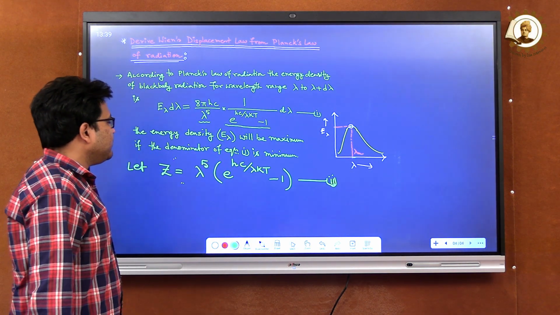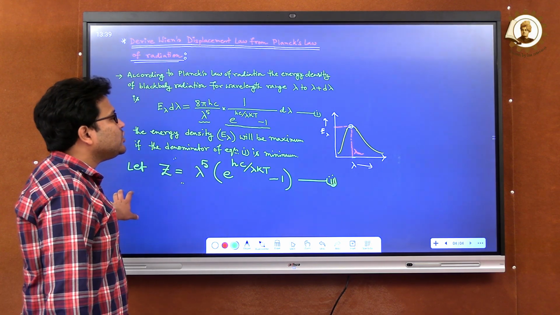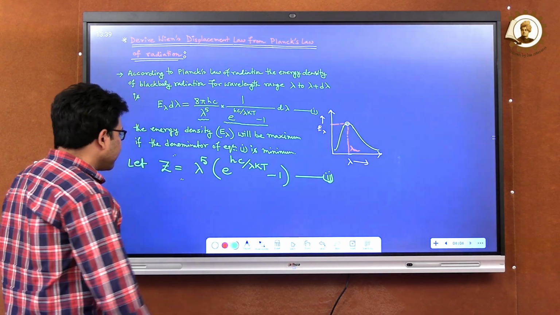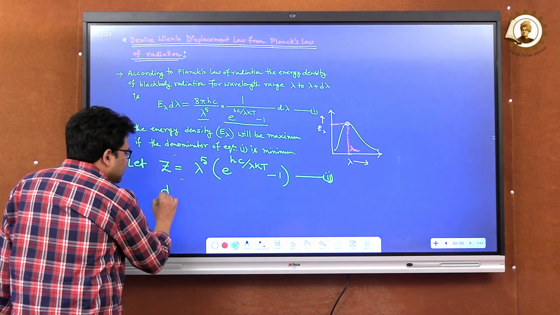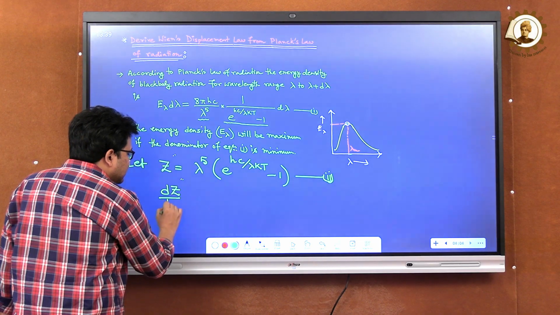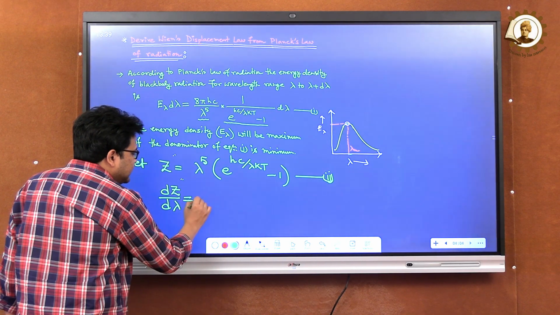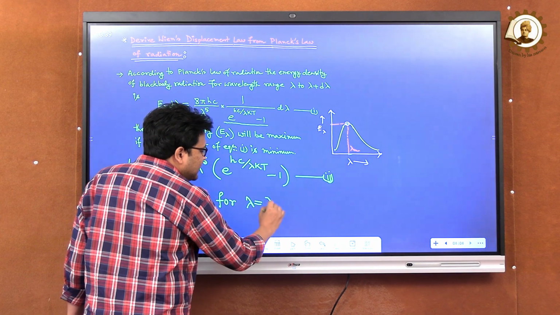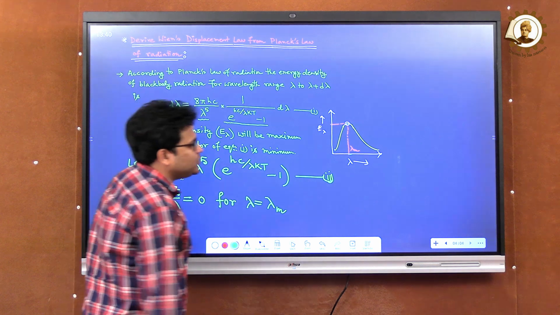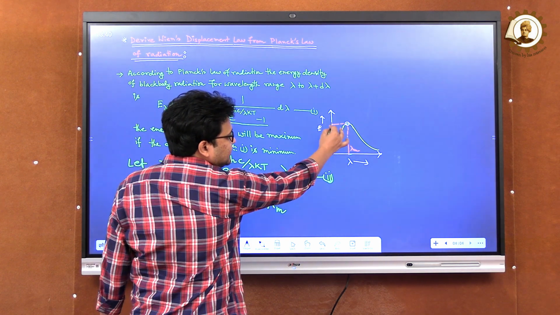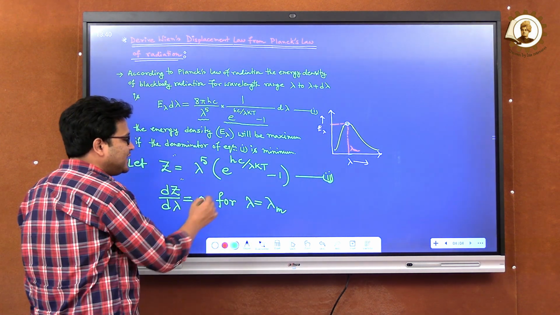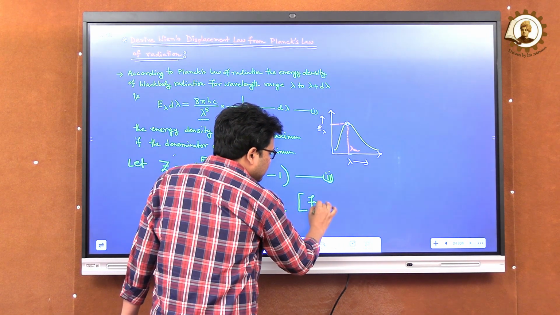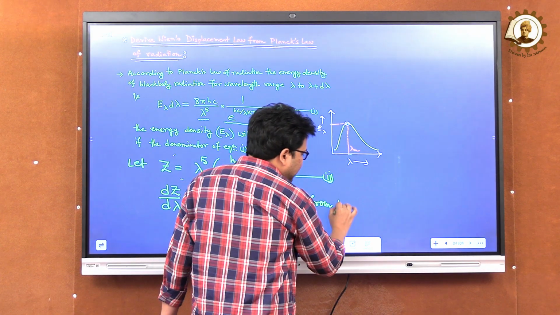If this denominator is minimum, then its first order derivative will be equal to 0, from the concept of maxima and minima. So dz d lambda equals 0 for lambda equals lambda m, a particular wavelength at which the energy density is maximum. This is true from the maxima minima condition.